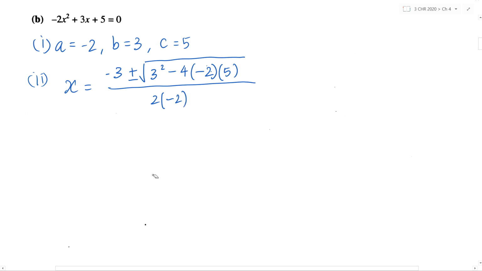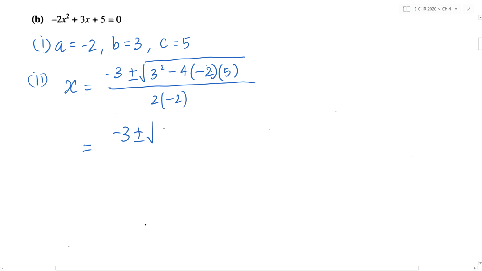Okay, now it is just calculator work. -3 plus minus square root. Calculator. 3 square minus 4 times of -2 times 5. And you get 49. Square root 49. Are you happy to see square root 49?